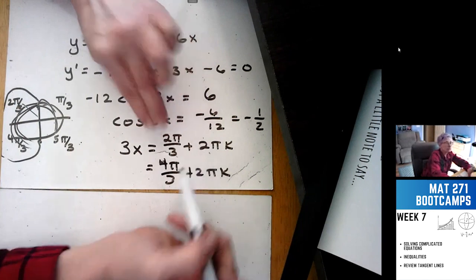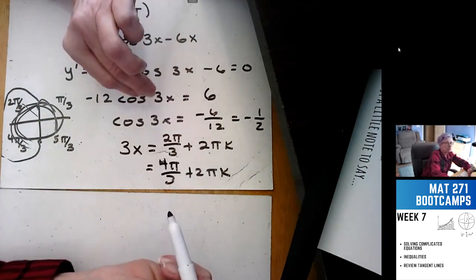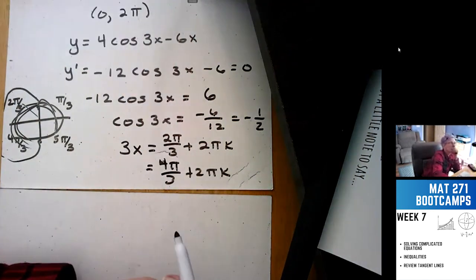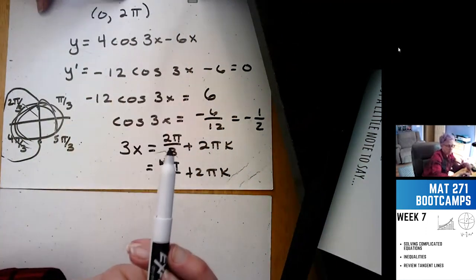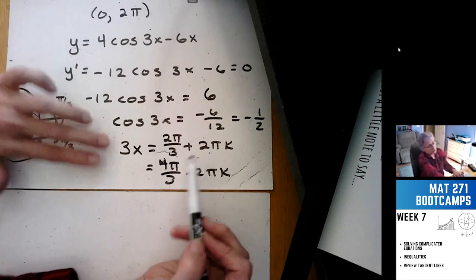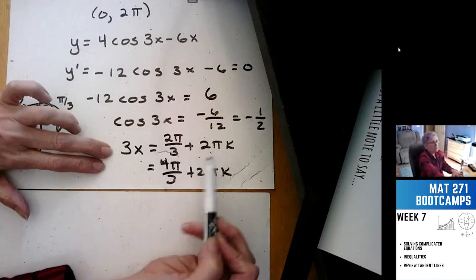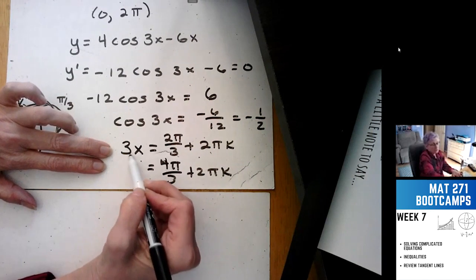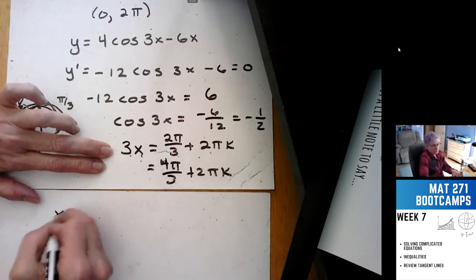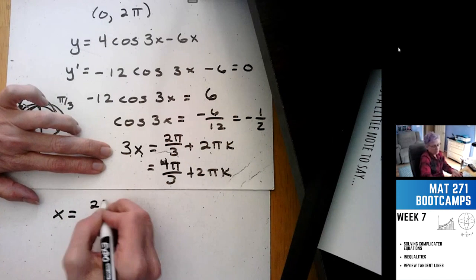But if it was from 0 to 2 pi, you wouldn't add that at the end, right? You would just leave it. Well, no, because you've got to figure out which ones live between 0 and 2 pi, because this is 3x. You have to divide everybody by 3.